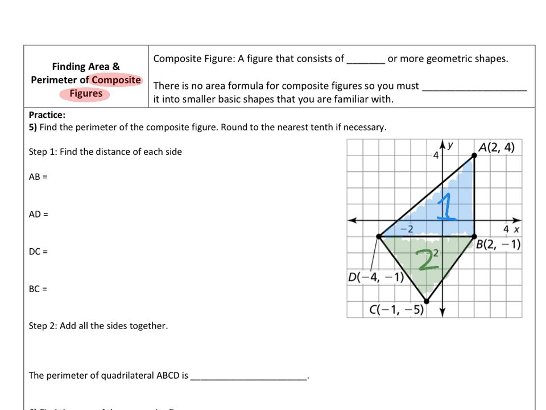Because a composite figure consists of 2 or more geometric shapes. So that means we can't just find one formula for composite figures. We must separate it, like we did just now, into basic shapes that we do know. That polygon ABCD is some irregular shape. It's a composite figure made up of a top triangle and a bottom triangle. So we're going to treat it like that.